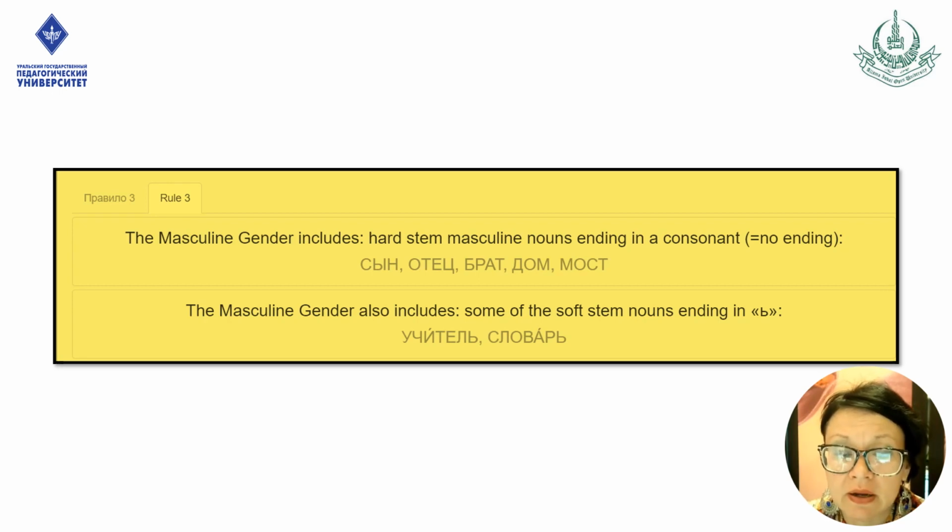Учитель, словарь. You see a soft sign at the ending of a noun, and it may be masculine, not in all cases, but especially in professions, учитель, водитель, a driver. So please remember this case, soft sign, мягкий знак at the end of the word.